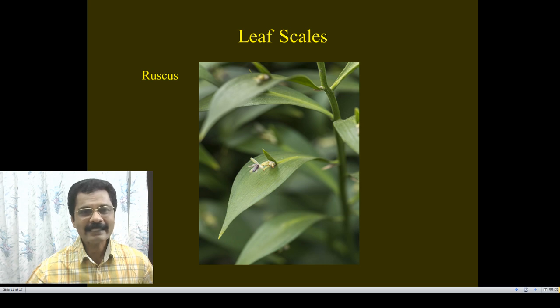And in the axils, the leaf is modified into a scale-like structure, leaf scales. Another example, in the case of onion, there also the scales are modified and become fleshy due to the storage of food materials. So the leaves are modified into scales.